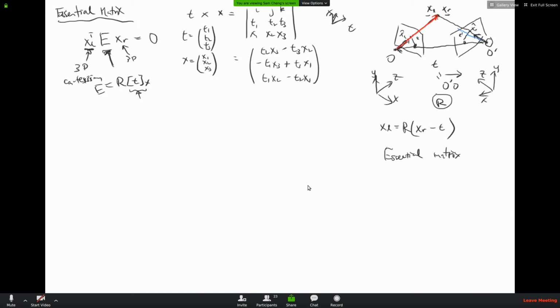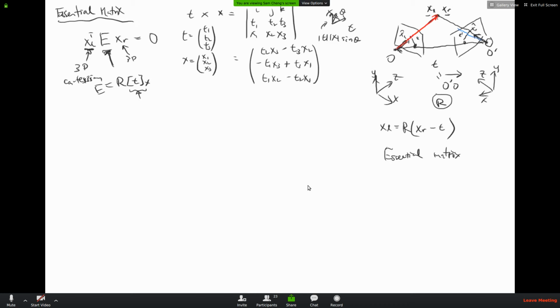This vector will be perpendicular to the plane spanned by T and X. If the angle between T and X is theta, the magnitude of that vector is the magnitude of T multiplied by the magnitude of X times sine theta. Therefore, if T and X are parallel, T cross X is equal to 0.